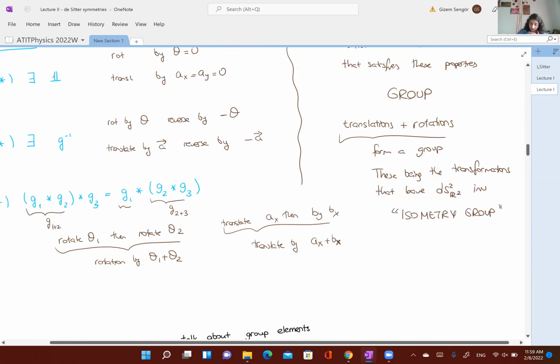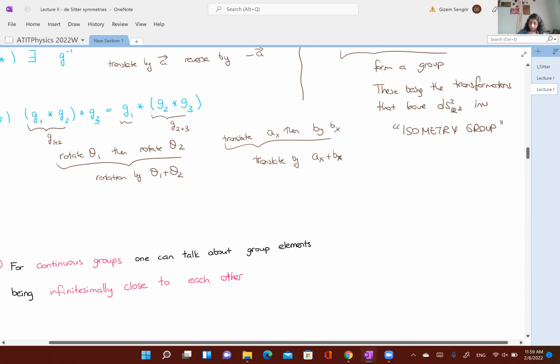So there is this distinction: you can have continuous groups with continuous parameters.